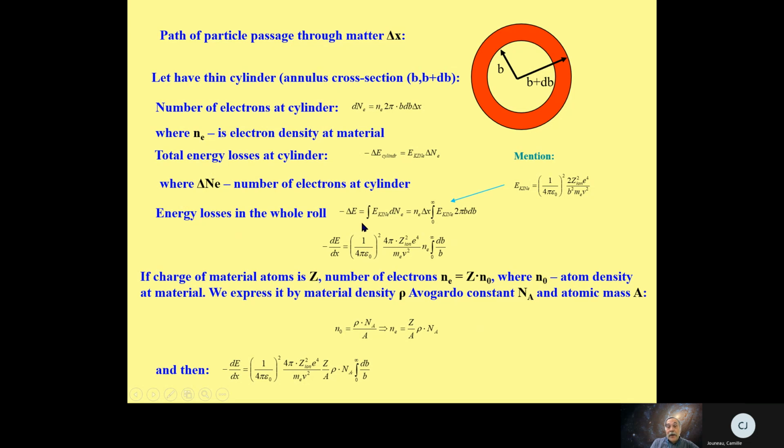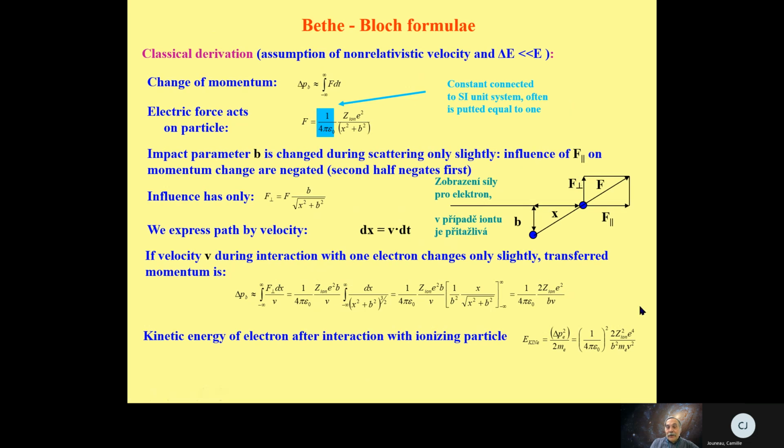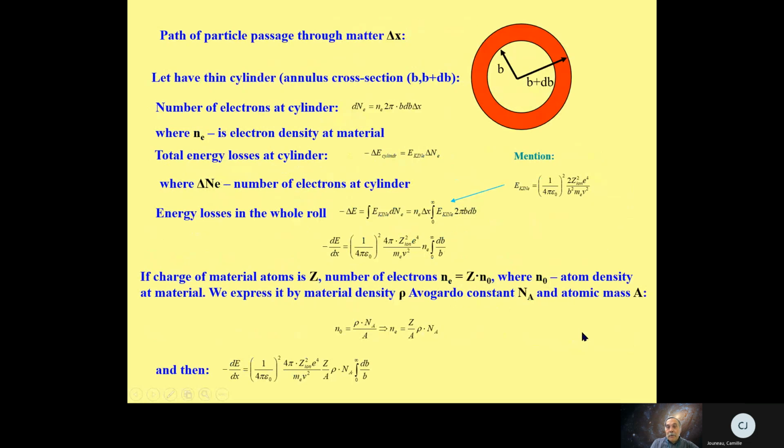We will make an integral of this kinetic energy times this dn. We put here 2 pi times b times db, and here is this dx. And we know this kinetic energy, it is here, and we will put it here.